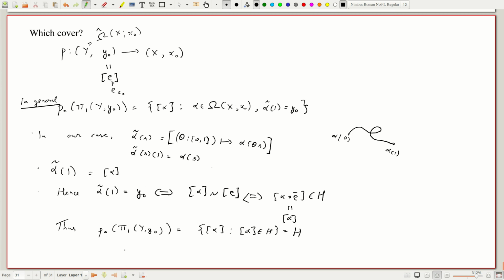All that remains is to summarize the statement, what we call Galois theory for covers.